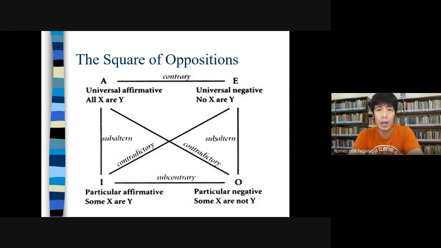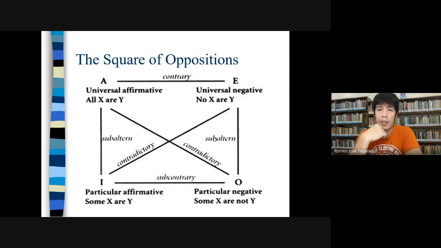All X are Y. A proposition is contrary to an E proposition. Okay? Tandaan yan. A proposition is contrary to E proposition. A proposition is the subaltern of an I proposition.